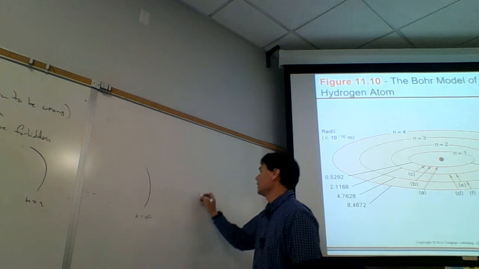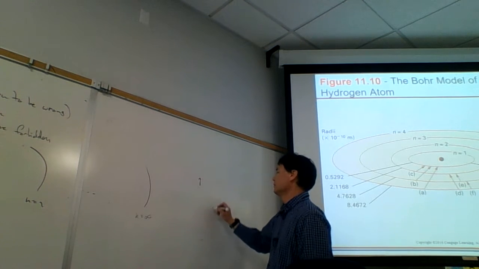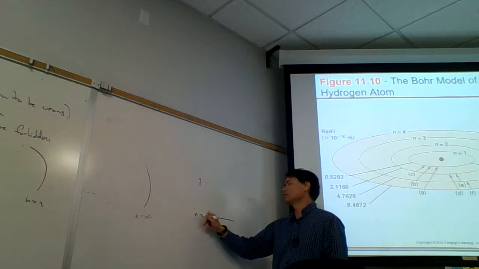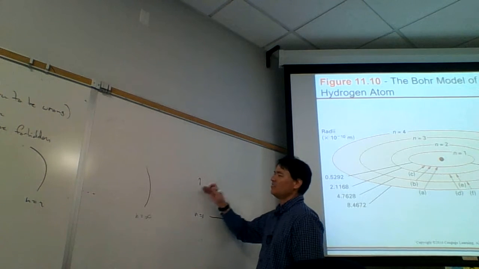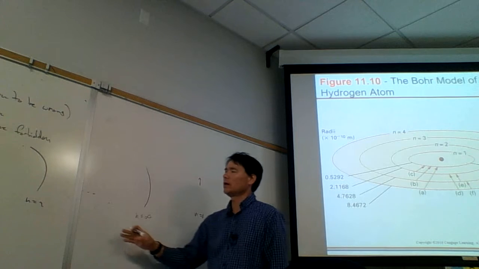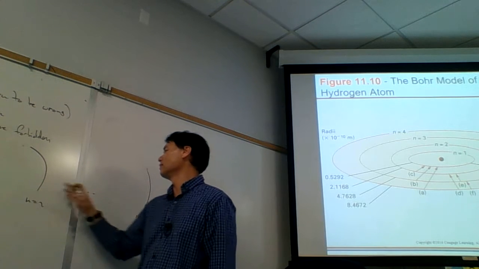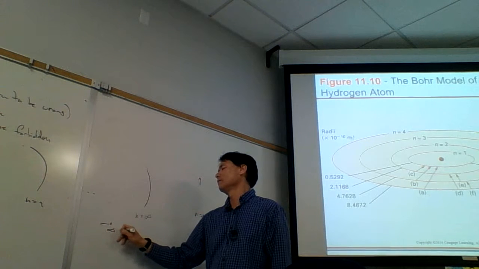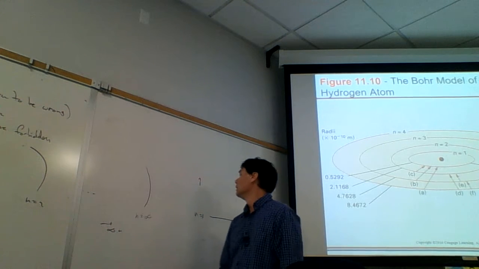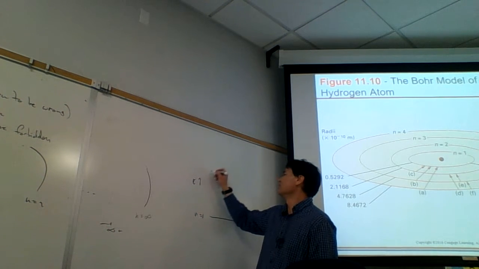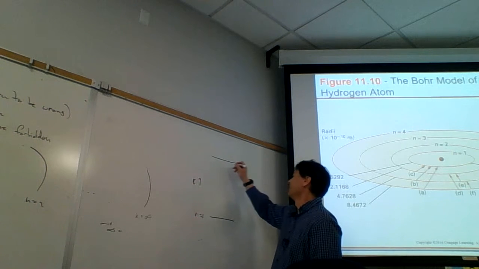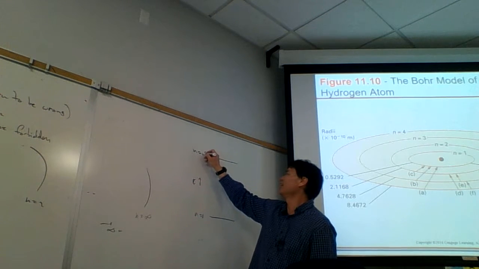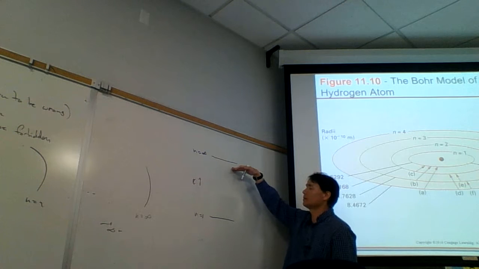Interestingly enough, the energy is not infinite energy. The n equals 1 energy is here. But what happens is the orbits diverge. So this is an infinite distance out. The energies converge. And so the n equals infinity energy is up here.